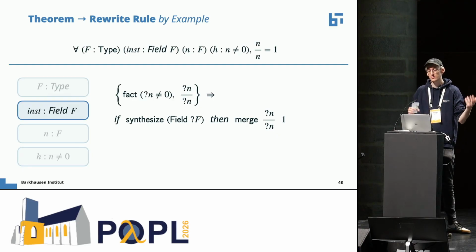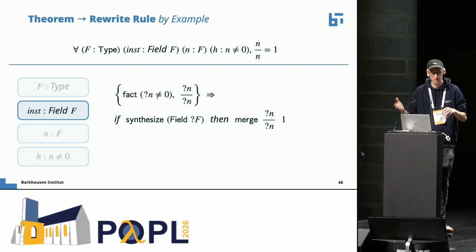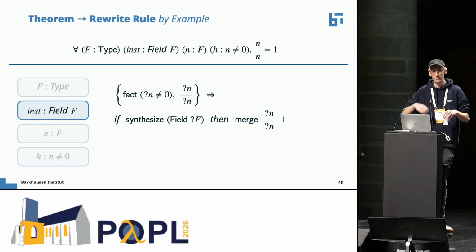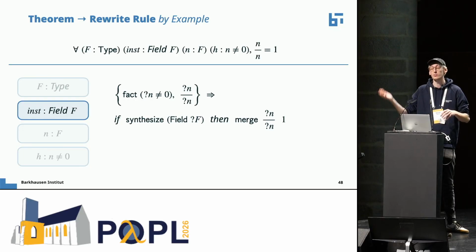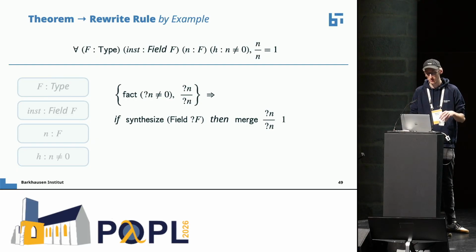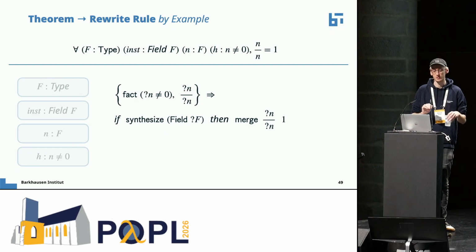If that proceeds, merge the E-classes of n divided by n and 1. If it doesn't proceed, simply abort the rewrite, don't apply it. And again, using this approach, we now know if this rewrite rule goes through, then during proof reconstruction, we can synthesize an instance of field f, which we can then use to instantiate the theorem above. So in that way, this variable is also covered.